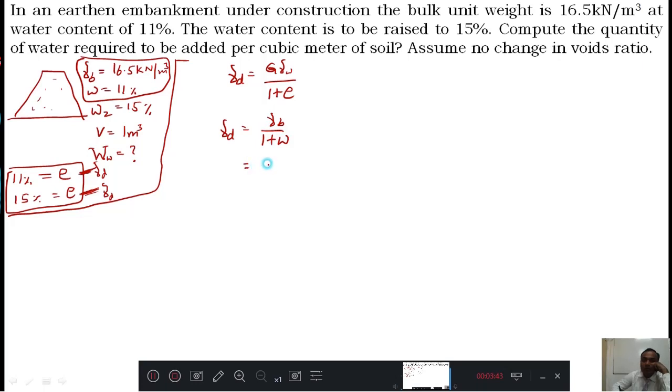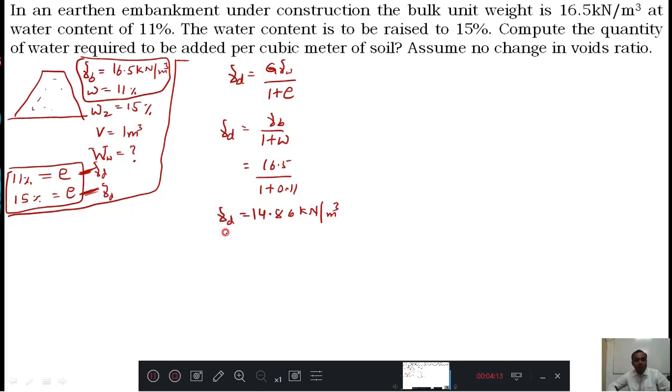Gamma B is 16.5 divided by 1 plus w, where w is 0.11. So gamma D is 16.5 divided by 1.11, that is 14.86 kilonewton per meter cube.